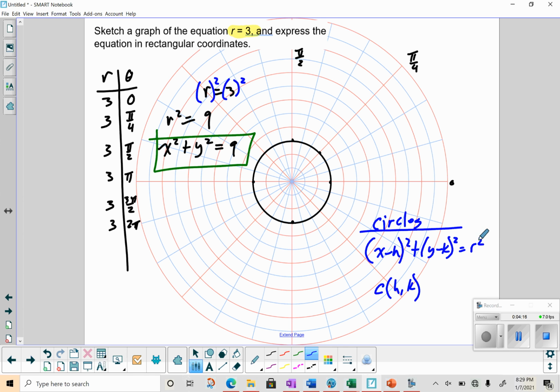And again, the radius is the square root of that constant there. Well, again, if h is 0, we don't write x minus 0 squared. We just write x squared. If k is 0, we don't write y minus 0, the quantity squared. We just write y squared. So this is the equation for a circle. Now, again, convert what you see here in polar form back to rectangular form. It's a circle centered at 0, 0 with a radius of, you guessed it, 3.